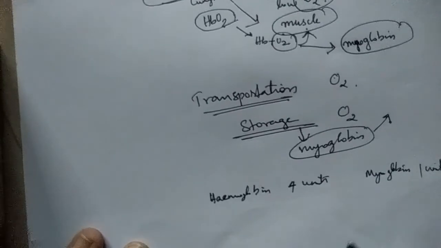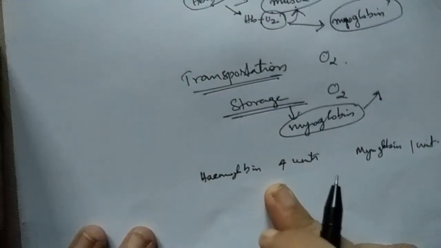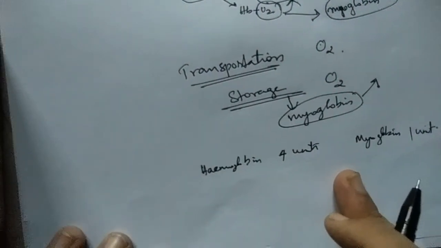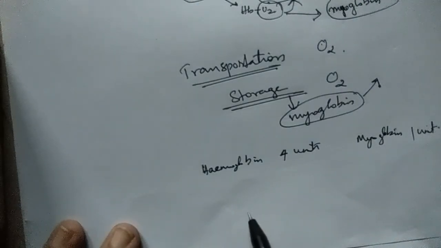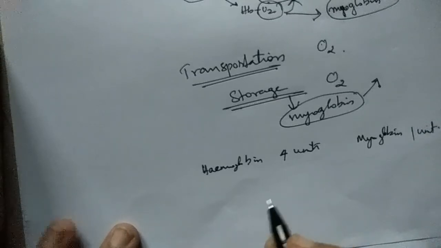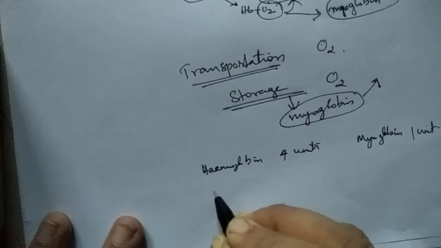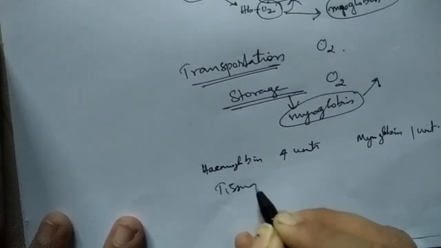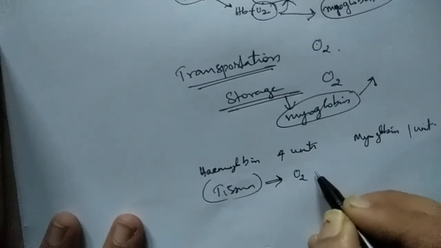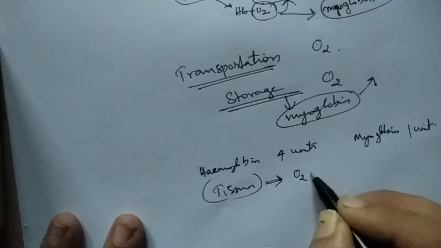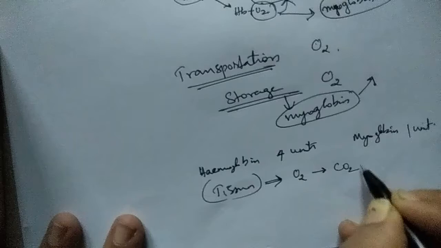Once this oxygen is released to the myoglobin in the muscles, there are tissues which have already consumed the oxygen, used it up, and they will be releasing carbon dioxide.